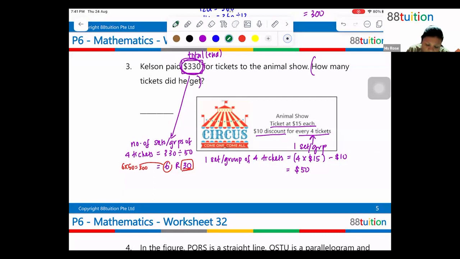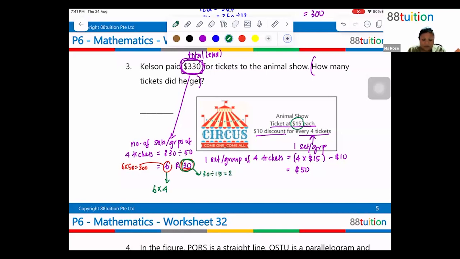Now, from here, this 6, yes, Sharon, you got the answer. So this 6 refers to 6 sets of 4 tickets. Now, this $30, you can buy how many tickets? If one ticket is $15, $30 will allow you to buy 2 tickets.